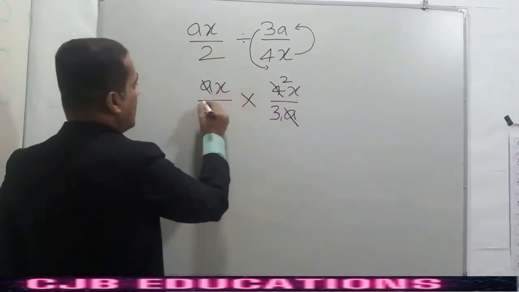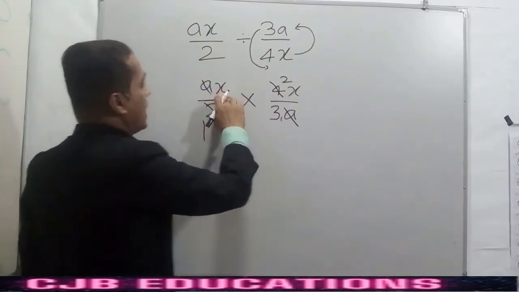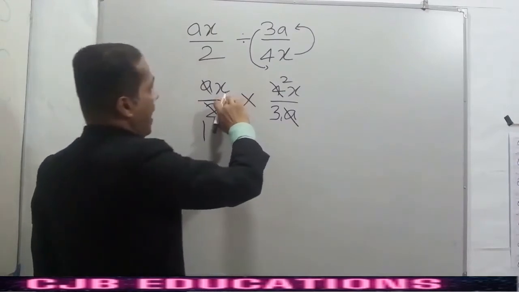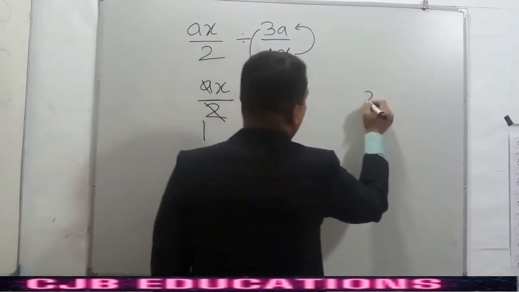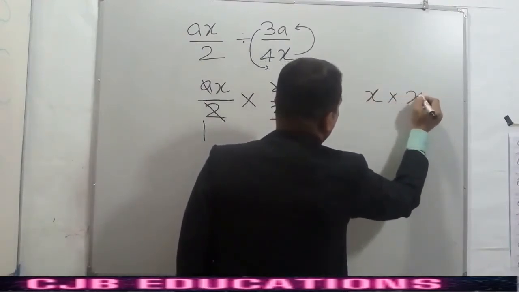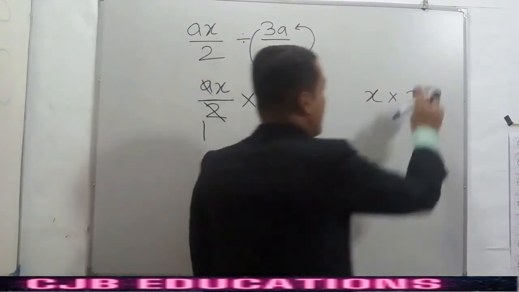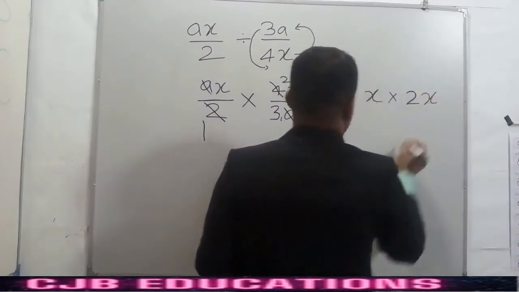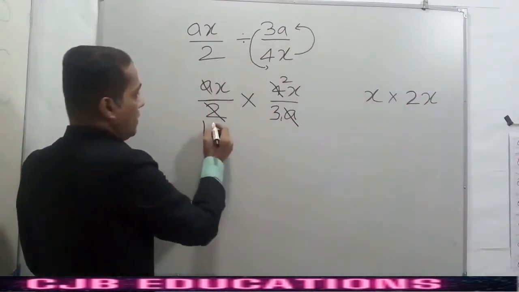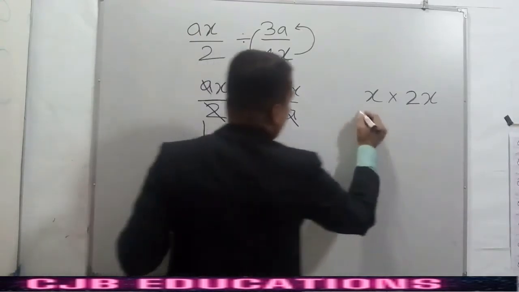Here as a numerator, x multiplying by 2x. x multiplying by x times 2. Then here 1 multiplying by 3.